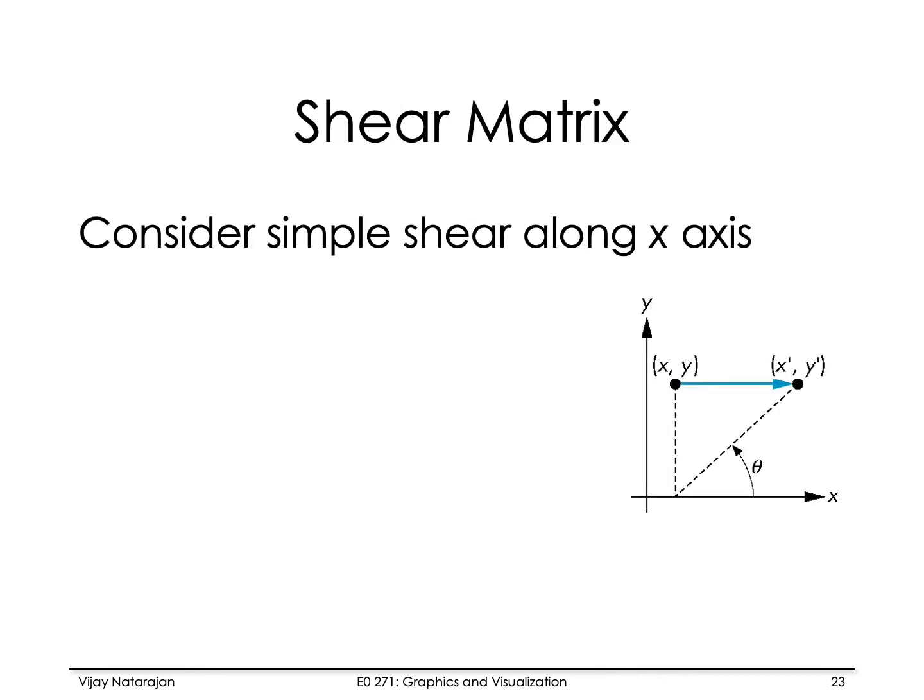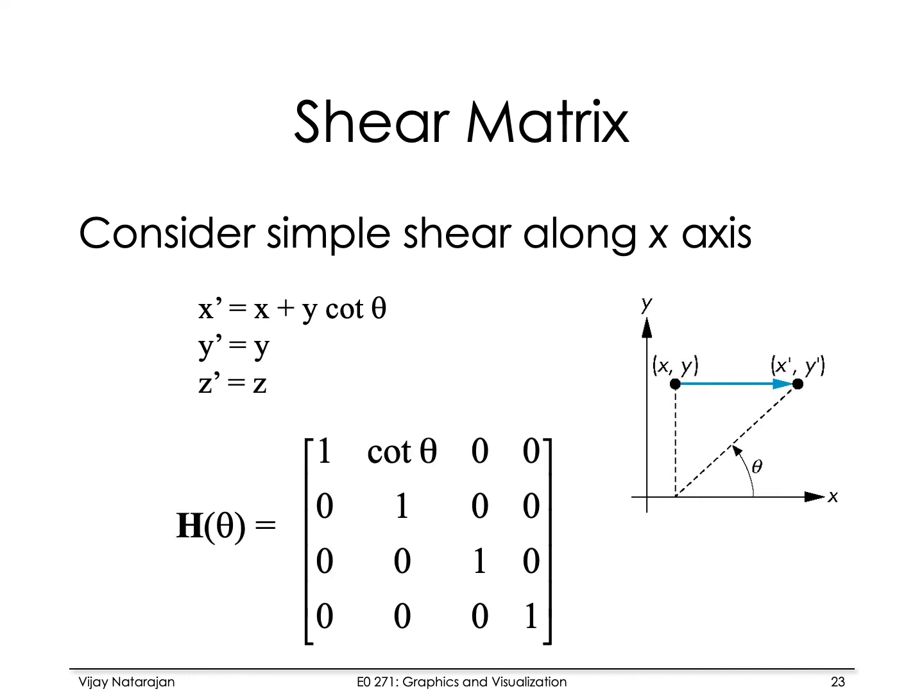The operation can be written as follows. For points that lie above the xz plane, a point x, y gets pulled in the positive x direction to x prime, y prime. This can be described by an angle theta, the shear angle. And if you want to rewrite this, y and z, remember, are not changed. x goes to x plus y cotangent theta, right?